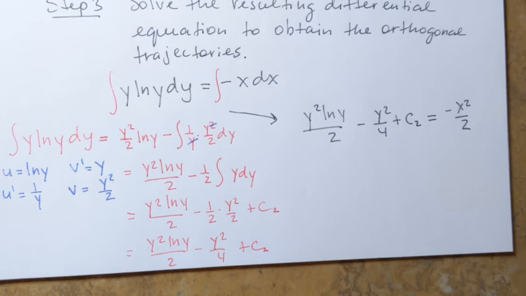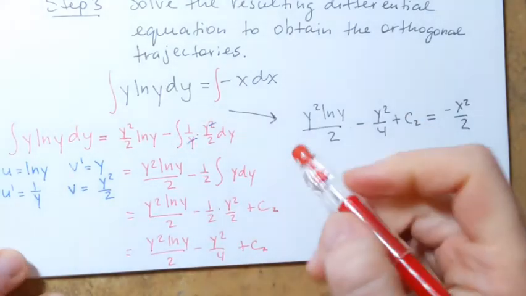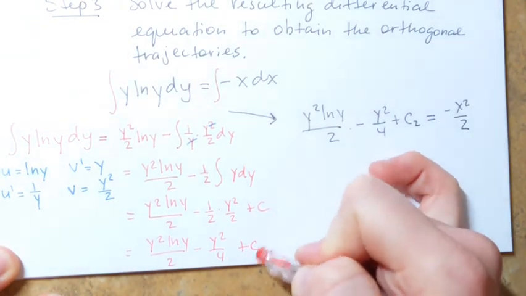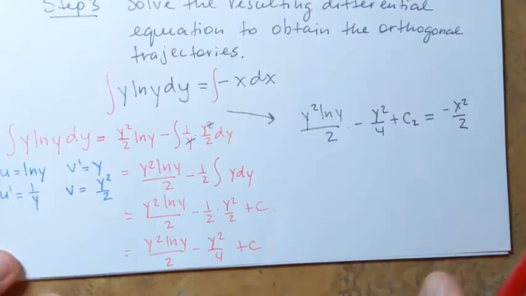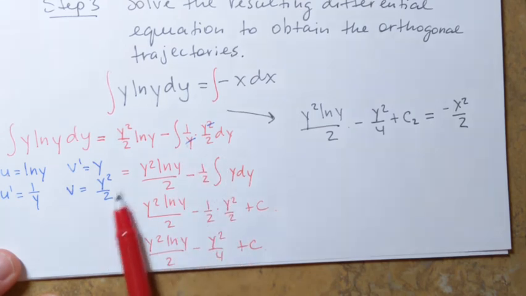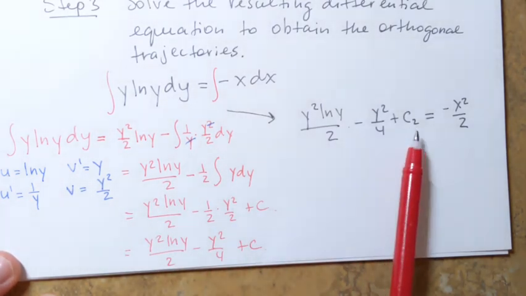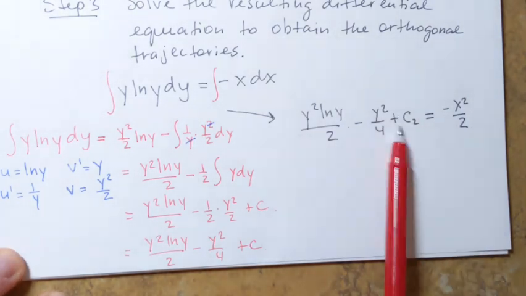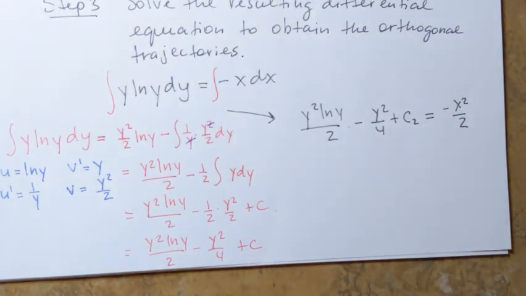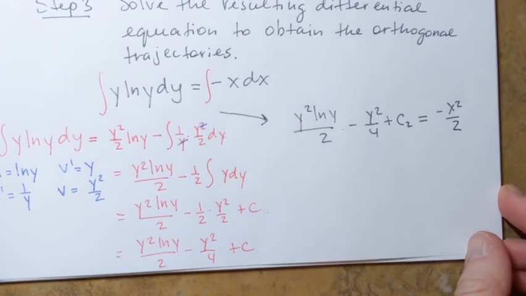Actually, let me erase that over here. Let's just say C. That was the constant of integration on the left-hand side, and that C2 is the one that will combine constants from both sides. So now let's keep it like that. Hopefully you're not confused by now with those constants.